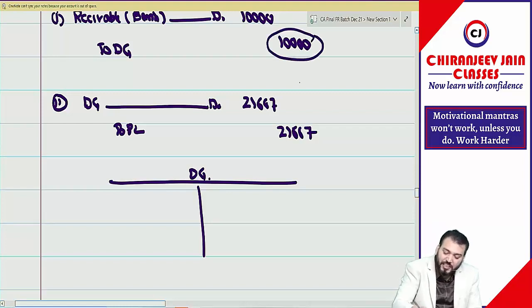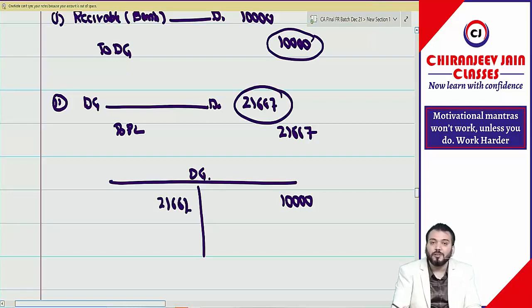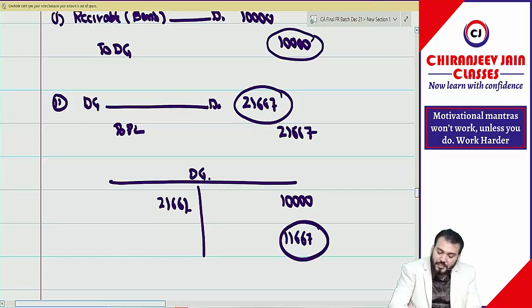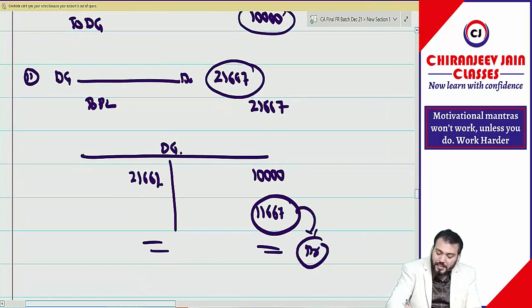Initially how much credited? 10,000. Then how much debited? 21,667. How much balance is coming? 11,667. This is which balance? Debit balance. Debit balance will be written on the asset side. Simple.